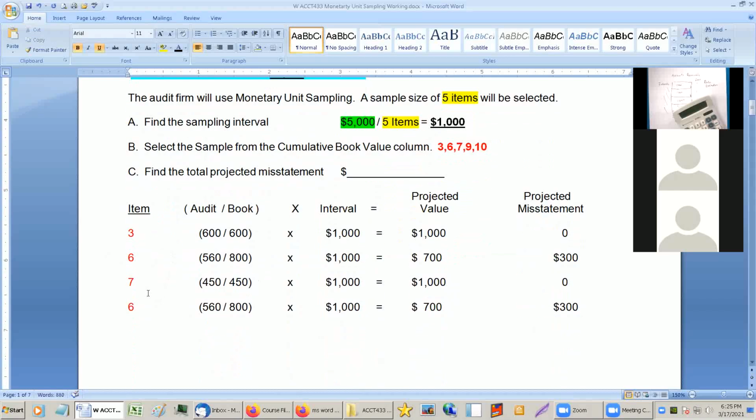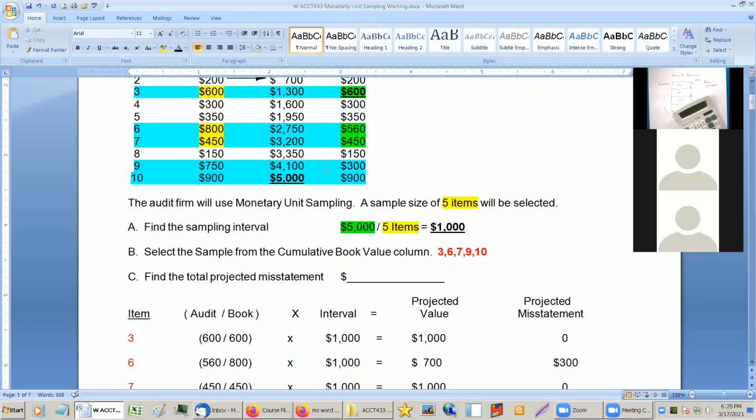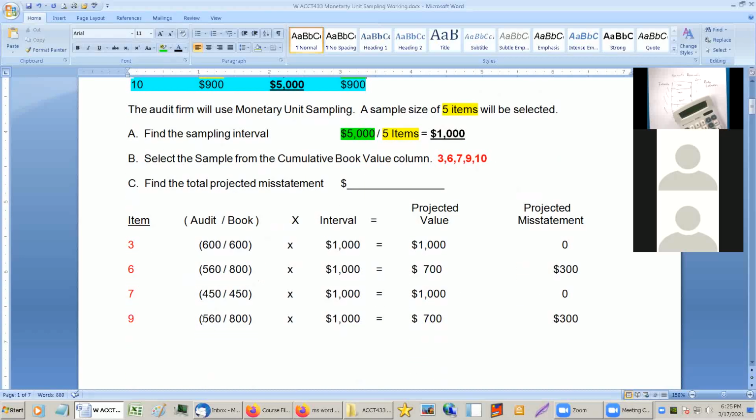Okay, item 9. Book amount is 750. Audit amount is 300.